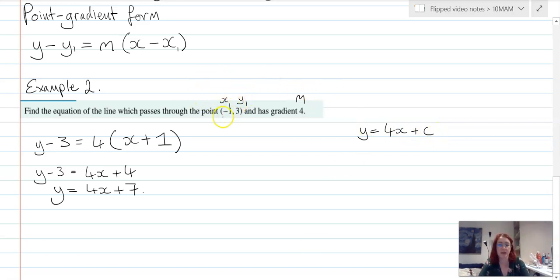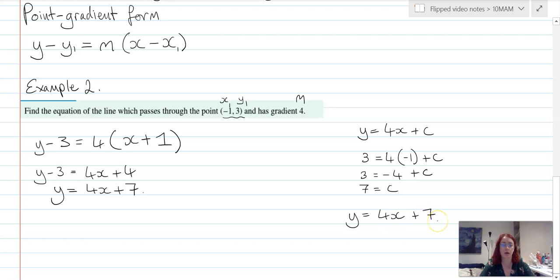But because our point here is representing x and y somewhere, we can use that as x and y in this equation. So you would end up with 3 equals 4 times -1 plus c. So 3 equals -4 plus c. Add the 4 to both sides, 7 equals c. We've then solved for c, and you can put that right back into the equation like that.